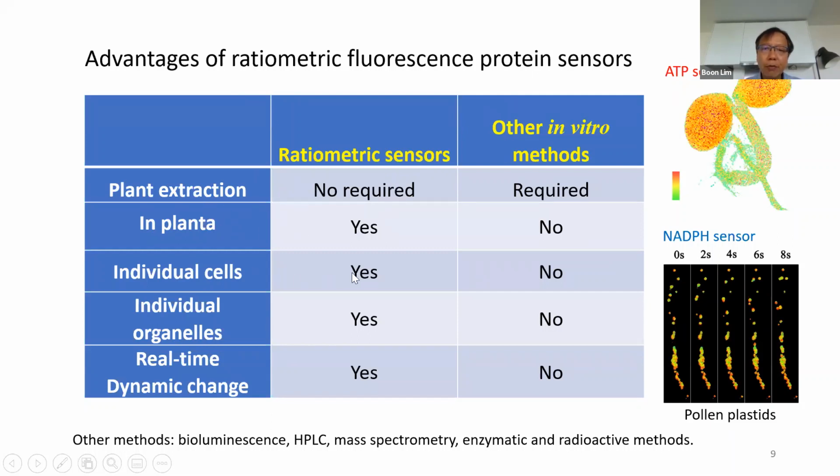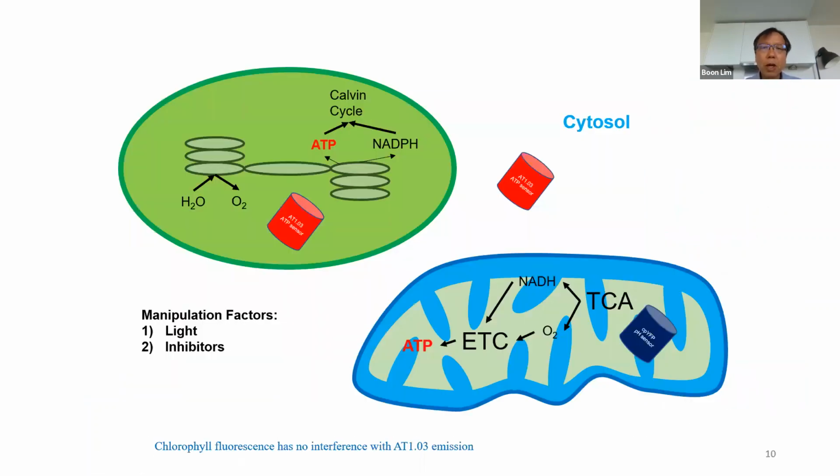We can look at individual cells, individual organelles, and we can also carry out real-time monitoring. We have also introduced an NADPH sensor into pollen plastids, and you can see that different pollen plastids have different NADPH concentrations.